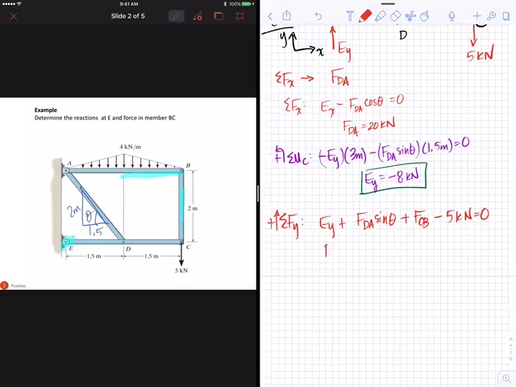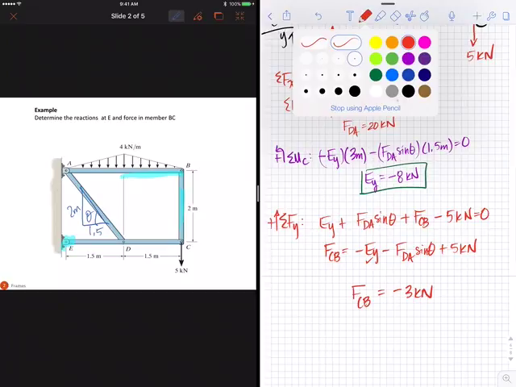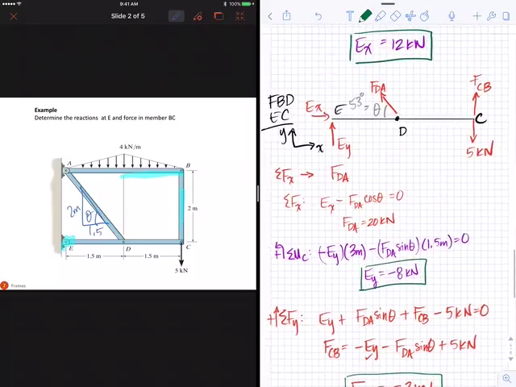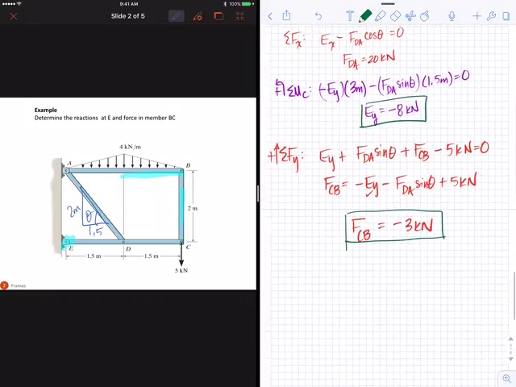So we can isolate FCB. It's going to be equal to minus EY minus FDA sine theta plus 5 kilonewtons. We just figured out what EY is. So when you break this down and put it in, you find that FCB is equal to minus 3 kilonewtons. And that's the force in member CB. And that's it.